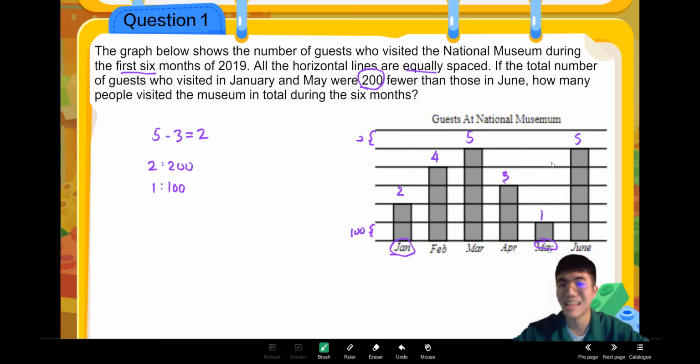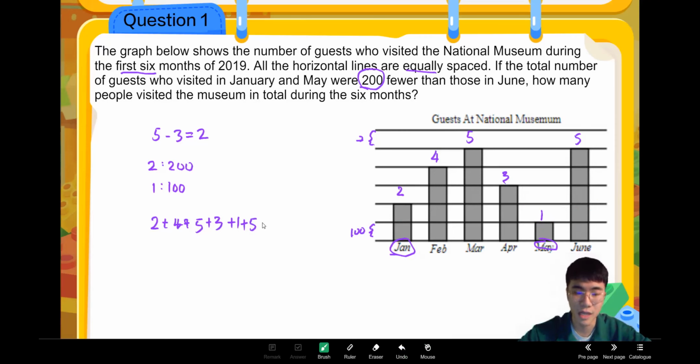So let's total how many spaces have been shaded. 2 plus 4 plus 5 plus 3 plus 1 and plus 5.